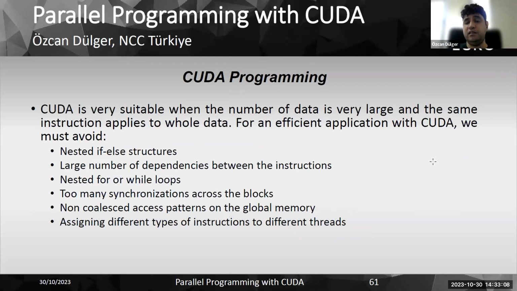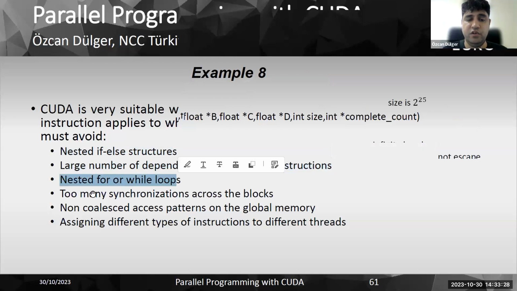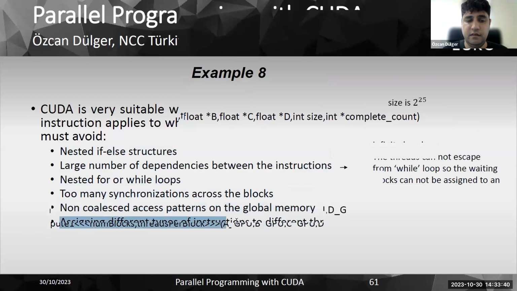For an efficient application with Cuda, we must avoid nested if-else structures, a large number of dependencies between instructions, nested for and while loops, too many synchronizations across the blocks, non-coalesced access patterns on the global memory, and assigning different types of instructions to different threads.